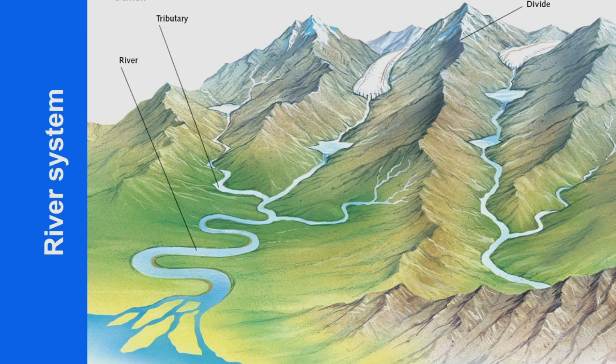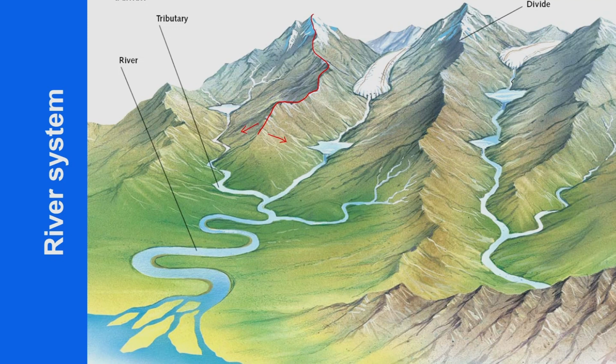Another important part of the drainage basin is the drainage divide. This is the ridge line here, and there is a slope in this direction and on this side.